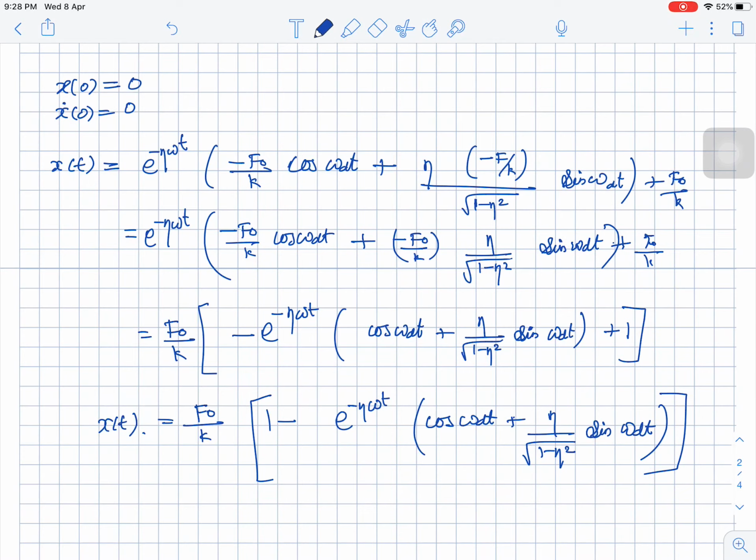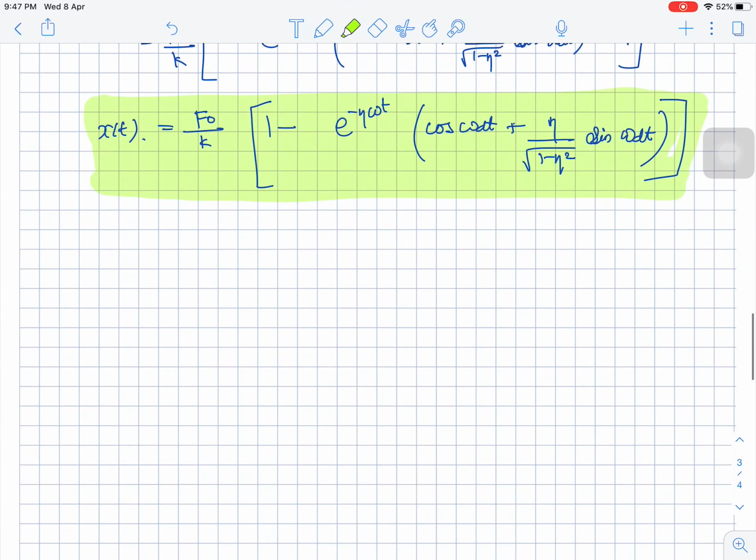This is the response of the system to the unit load with the boundary condition x of 0 equal to 0, x dot of 0 equal to 0.